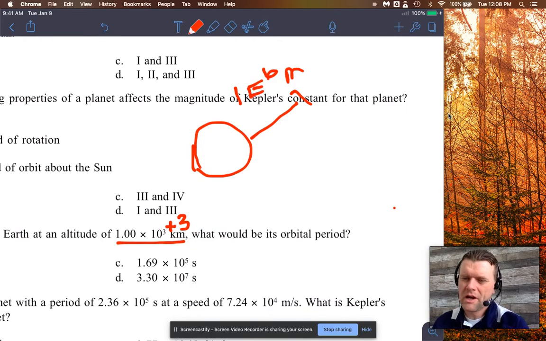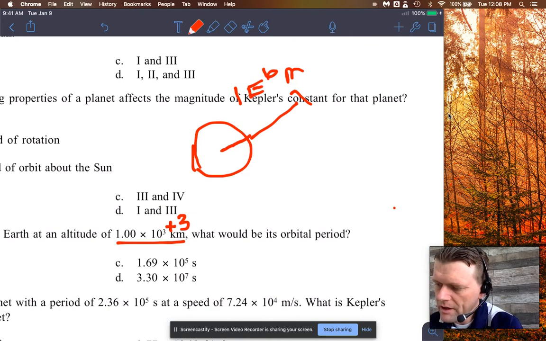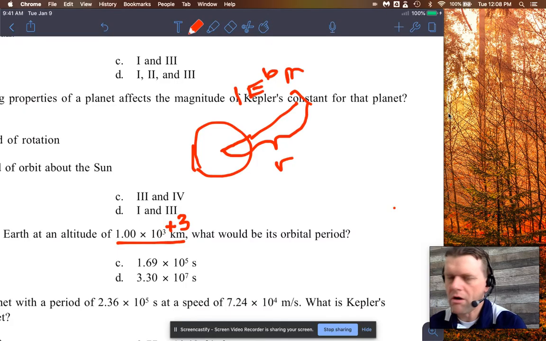Some of you are probably catching from my horrible drawing here that we need to add the radius of the Earth to that altitude, because we need the total separation distance, which is r. It's easy to think that r is always a radius. Well, it is a radius, but it's from the center of the Earth to where the astronaut is.